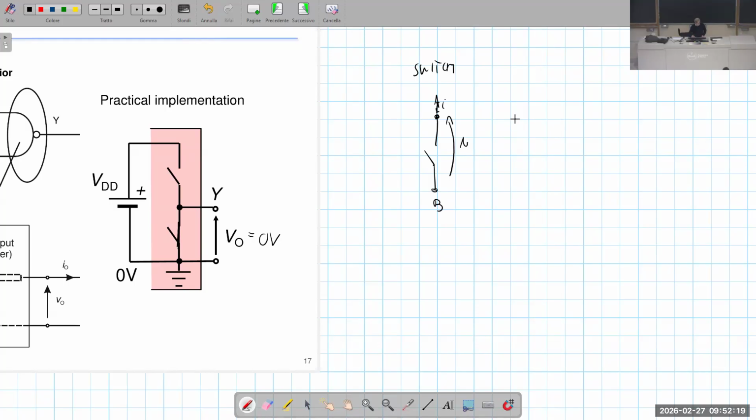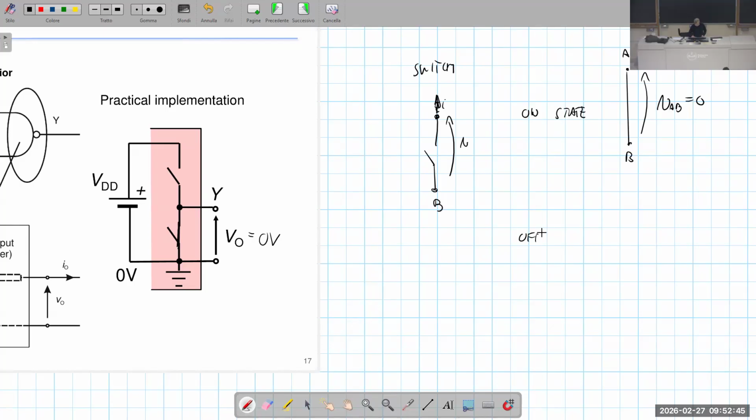Two possible states. In the on state, the switch is equivalent to a short circuit, that is a direct connection between node A and node B, that is VAB equal to 0.